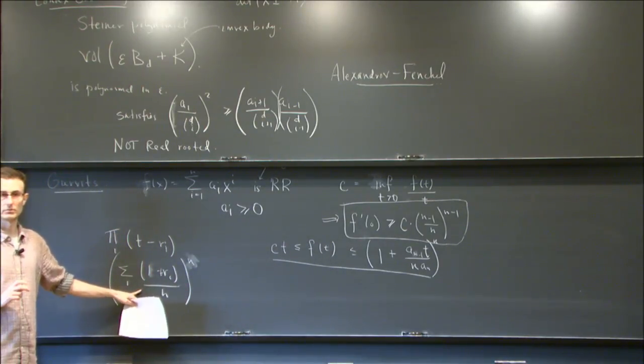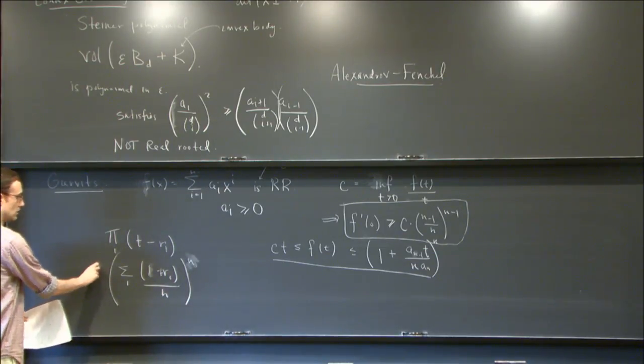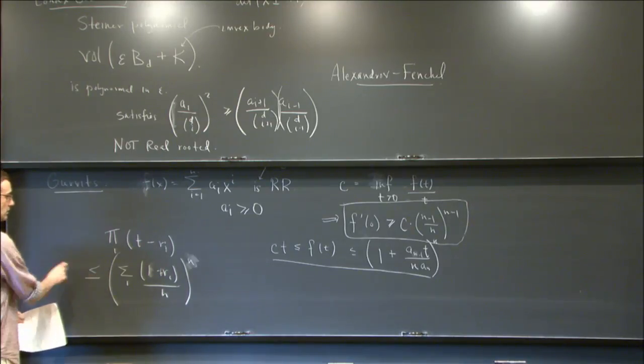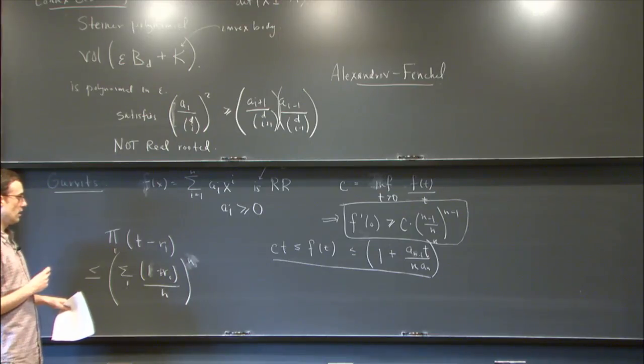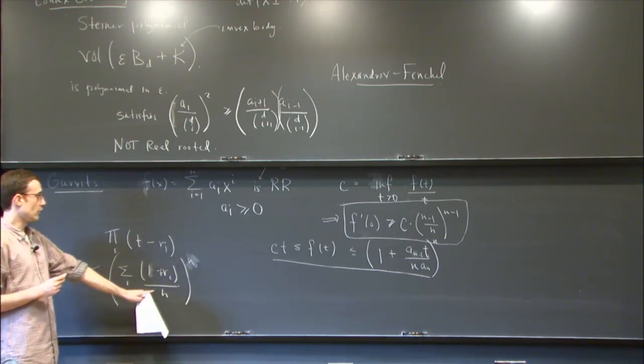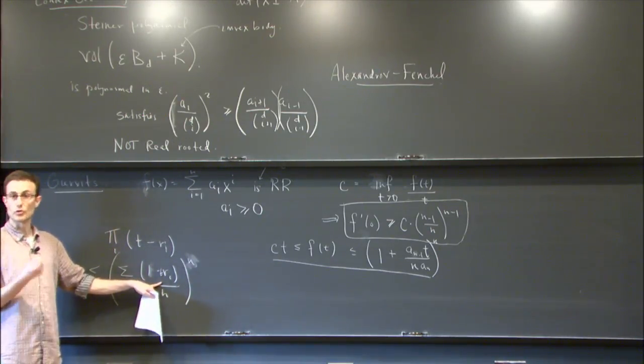Is that what you were asking about? Yeah, you have to take the reversal, right? It's not f anymore. This is the reversal. Yes, it'll be the reversal. So you can write f as the reversal of f.